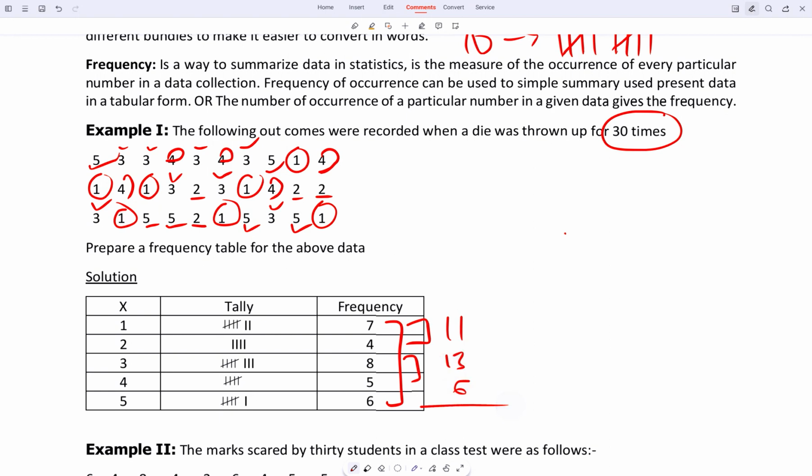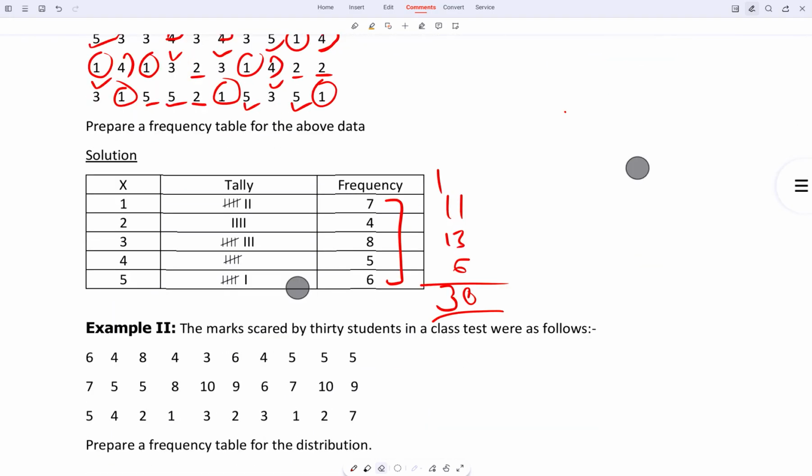So let's add together. This will give us 0. I will remain 1. So this will give us 3. So that's 30. That means our data here is very correct. Are you seeing that now? So that's another way to know if what you are doing is actually correct. Are you getting that now?